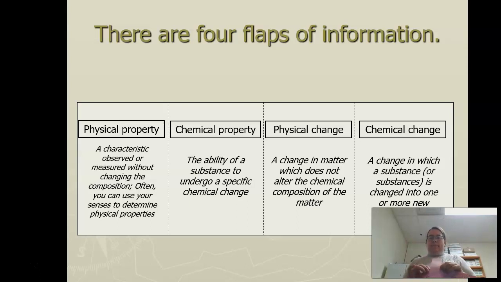And then lift your flap up. You're going to write the definition on the back of the top flap. So a physical property is a characteristic observed or measured without changing the composition. Often you can use your senses, smell, sight, hearing, taste, touch, to determine your physical property.